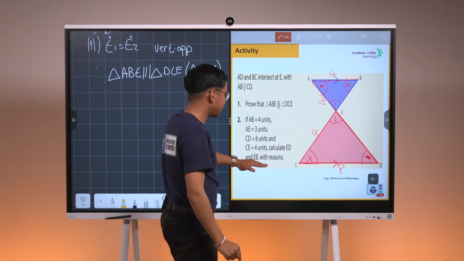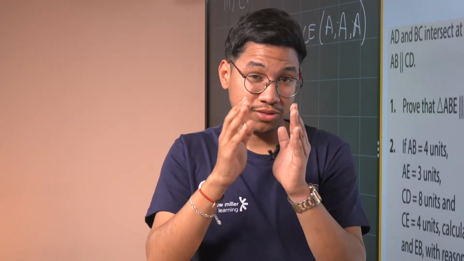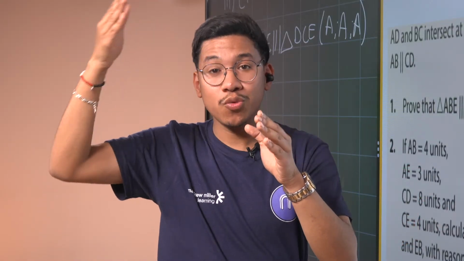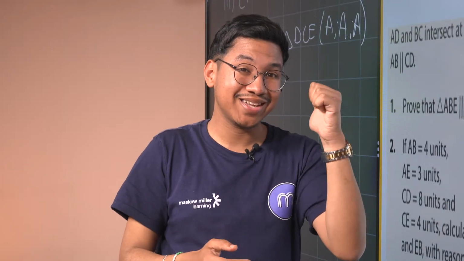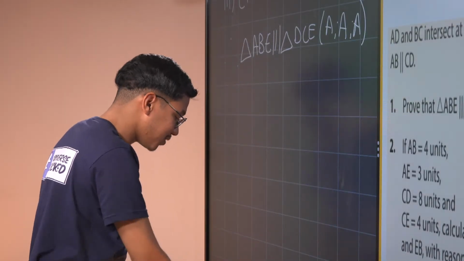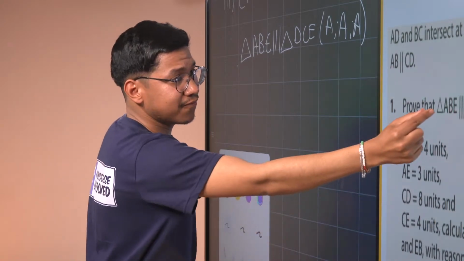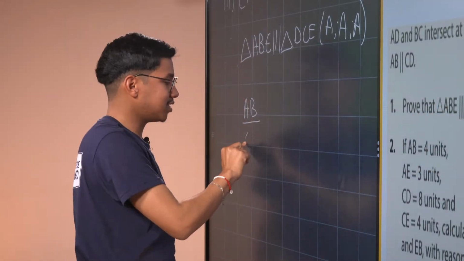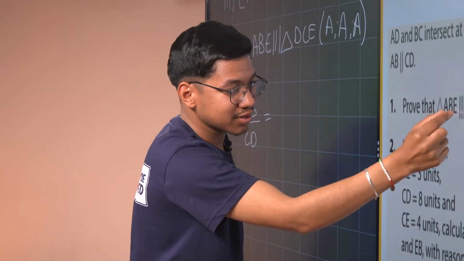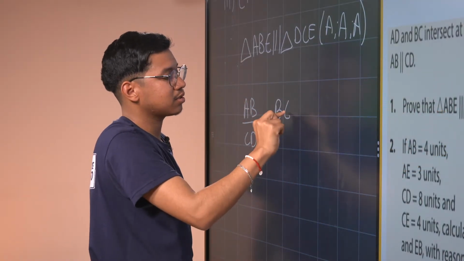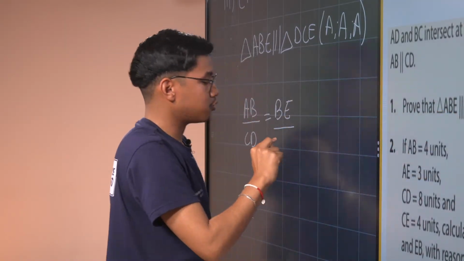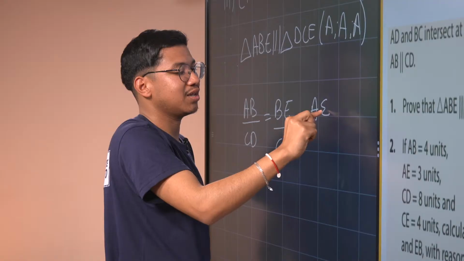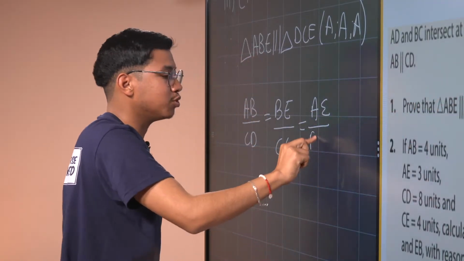Calculate ED and EB. And whenever you need to calculate the length of a side, just set up your equation that I have given you before. There's that easy hack trick that I've shown you. So remember, you take the first 2 letters, which is AB, over the first 2 letters, which is CD, and you make it equal to the second 2, which is BE, over the second 2, which is CE, and you make it equal to the first and the last, which is AE, over the first and the last, which is DE.